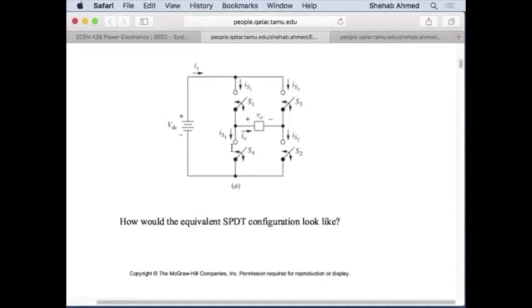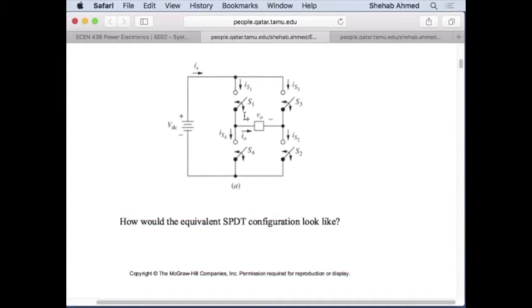But in that case, there may be a time where you have S1 and S4 on at the same time, right? How fast do you turn S4 on? Do you turn S4 on and then turn off S1? Or do you turn off S1, give it some time, and then turn on S4?